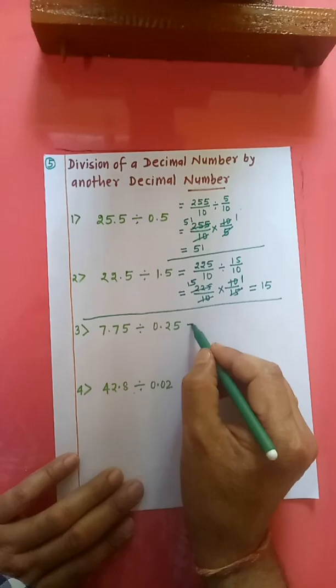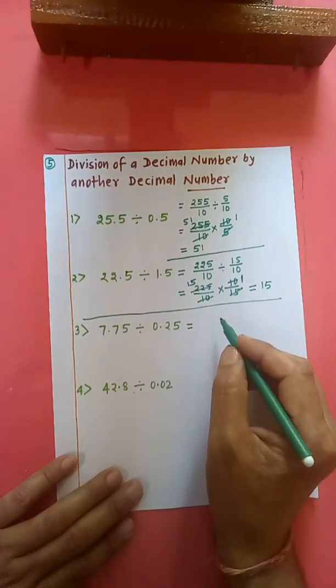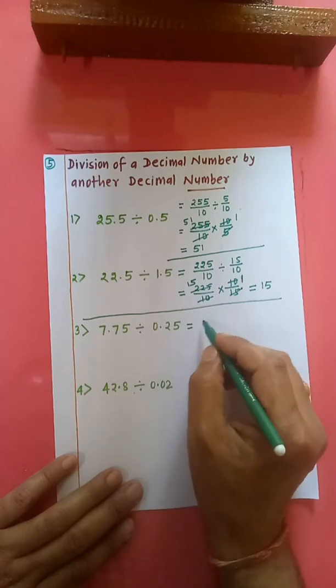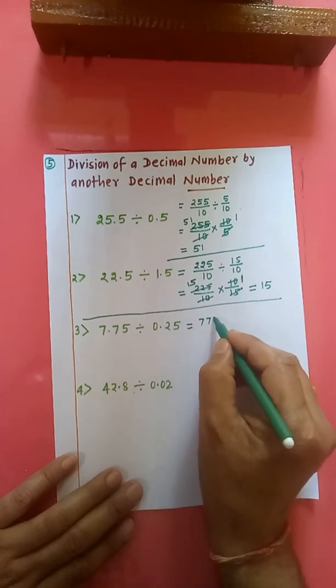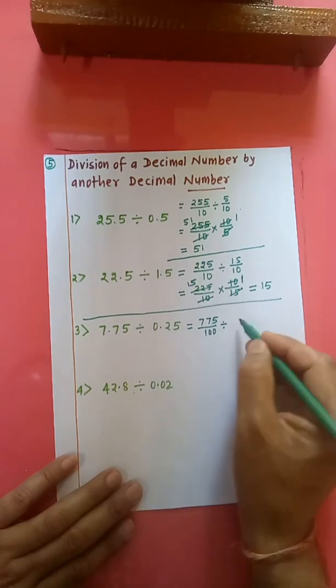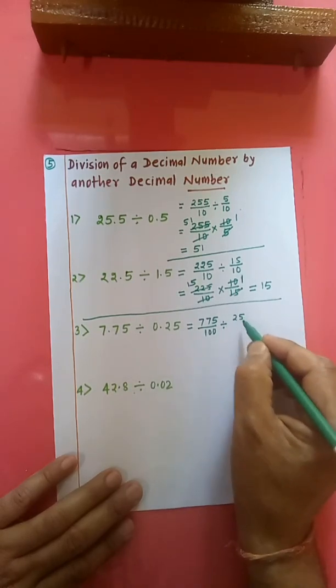Another example, 7.75 divided by 0.25. First remove the decimal. We will get 775 upon 100 divided by 25 upon 100.